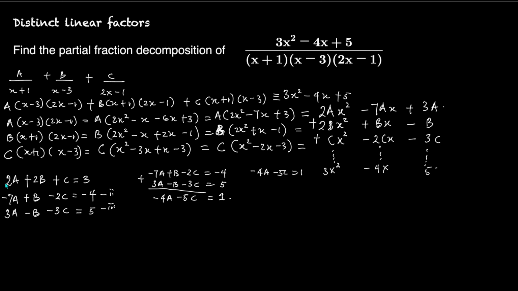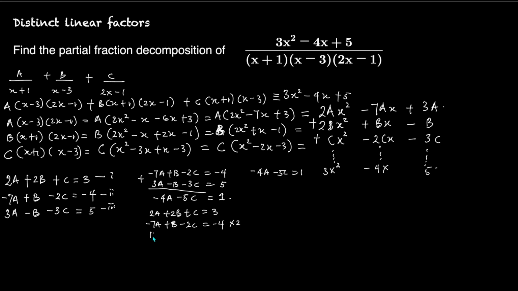So next thing I'm going to do now is I'm going to combine 1 and 2. For 1 I have 2a plus 2b plus c equals 3. And for 2 I have negative 7a plus b minus 2c equals negative 4. So to eliminate b, in this case, we have to multiply the second equation by 2.